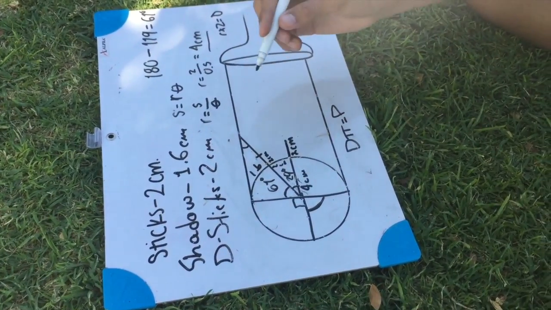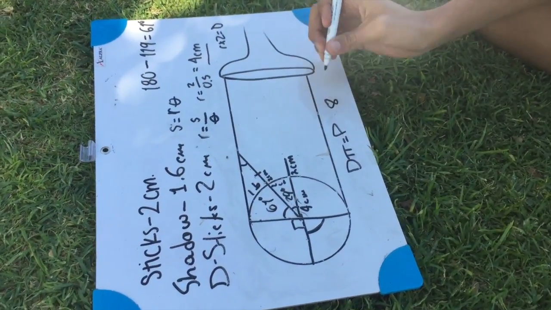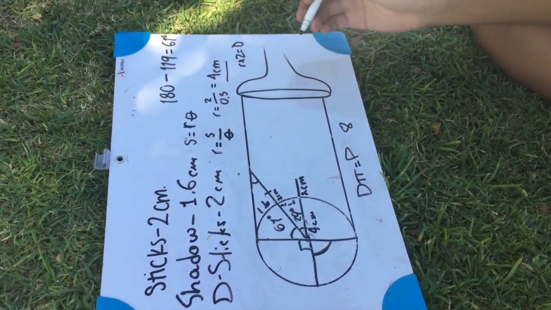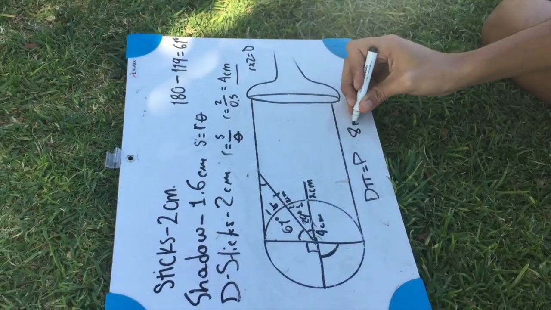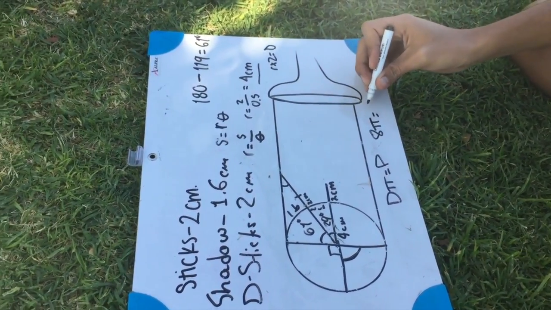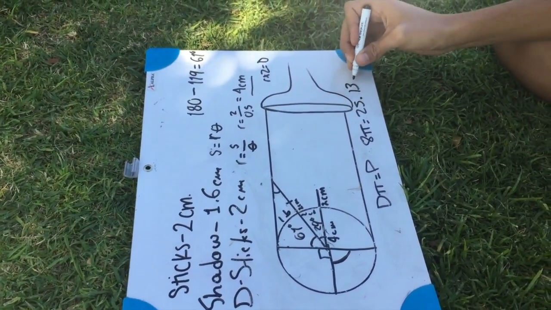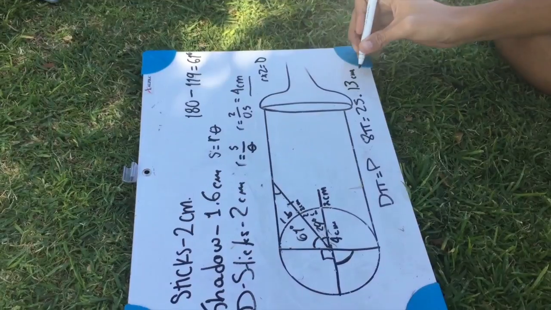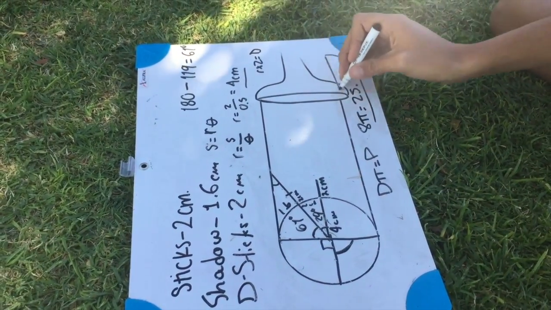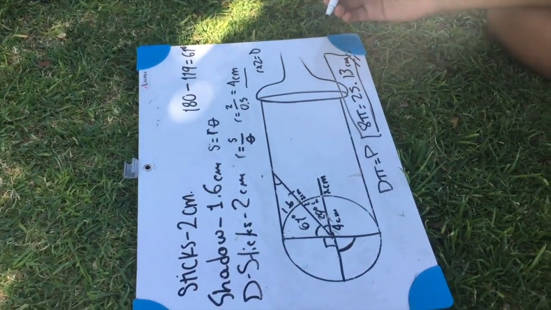So we're gonna multiply 8, which is 4 times 2, by pi, and the result is gonna be 25.13 centimeters, and this is gonna be the circumference of the whole orange.